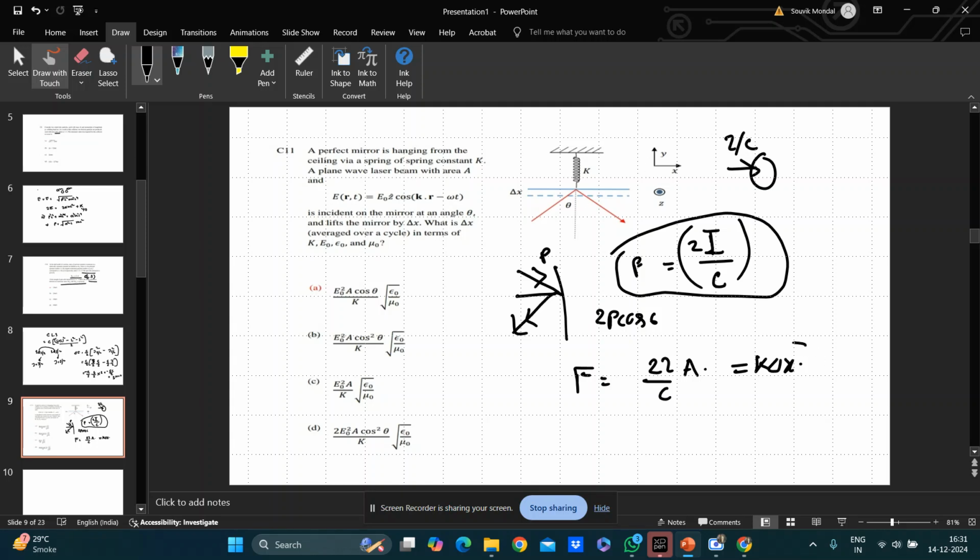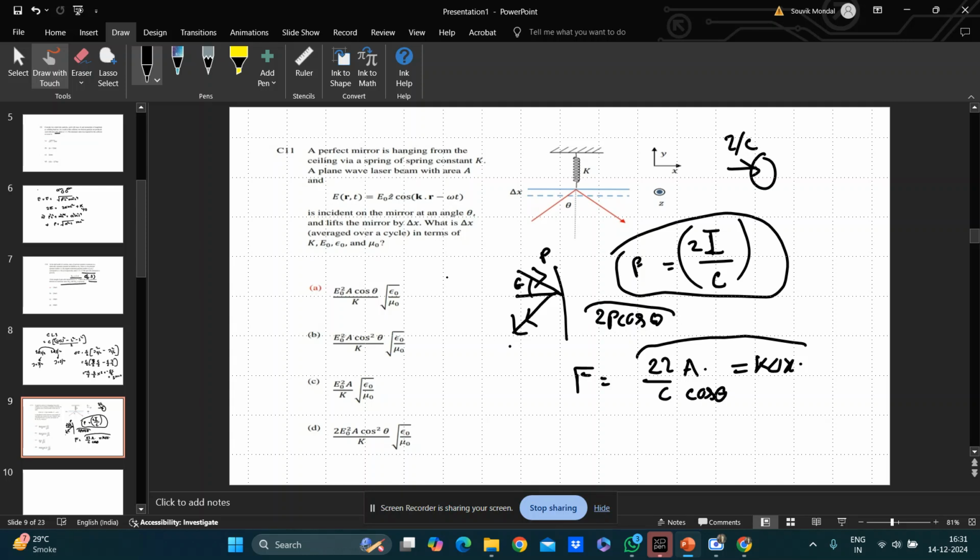So this is the concept. But of course it should be multiplied by a cos theta, because it is hitting this surface and reflected back with the angle theta. The change in momentum in this perpendicular direction has a component of cos theta, which will be multiplied here.